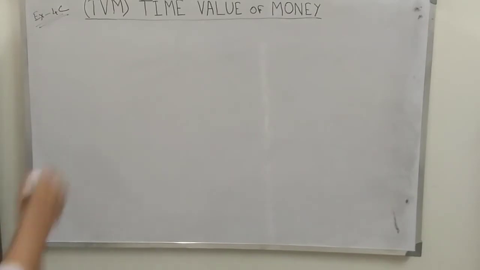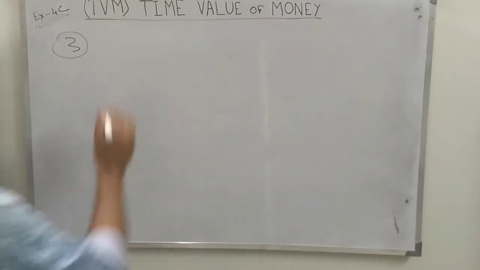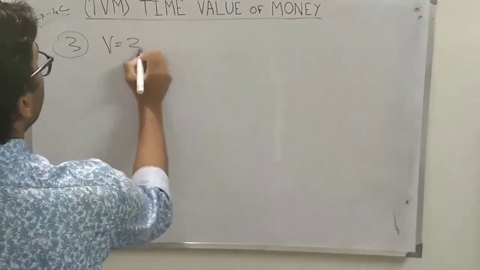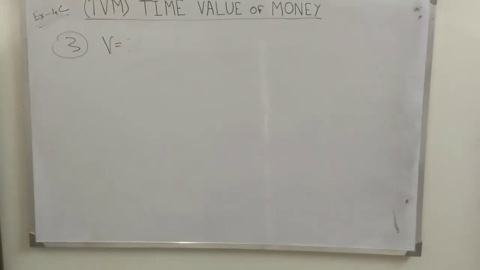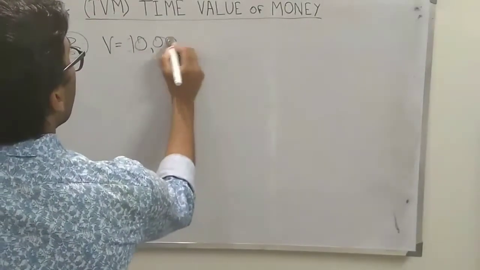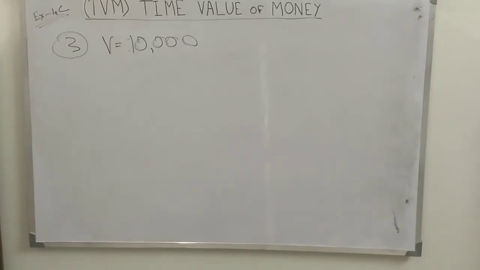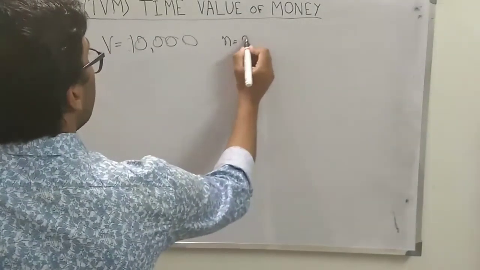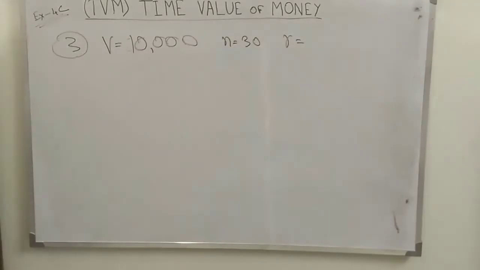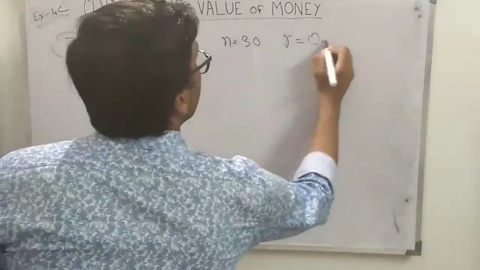Now question number 3. In question number 3, it is said a loan of rupees 10,000 is to be paid back in 30 equal installments. That means the present value is given. V is 10,000 in 30 equal installments, that means n is 30 and rate of interest is 4%, which is 0.04.